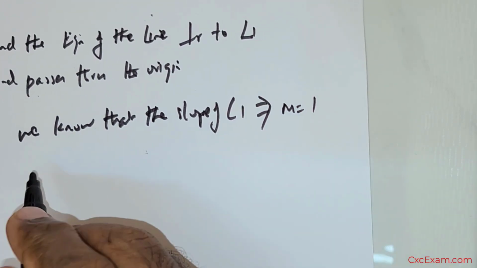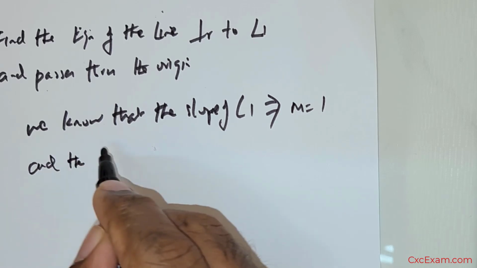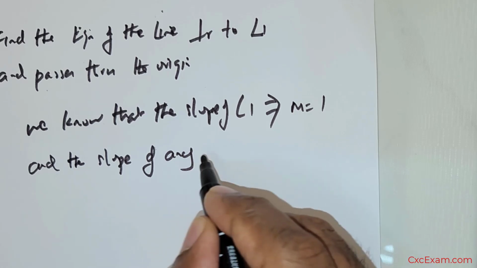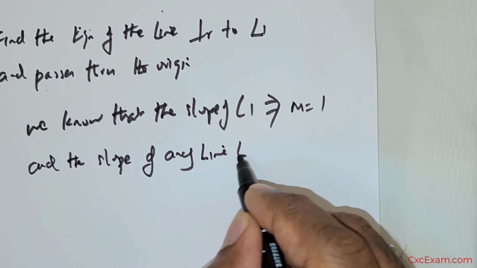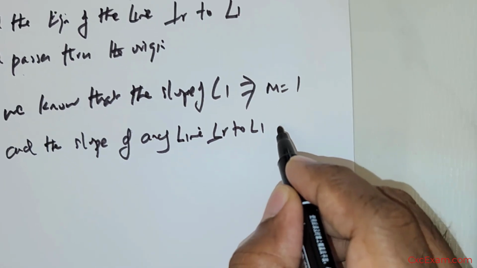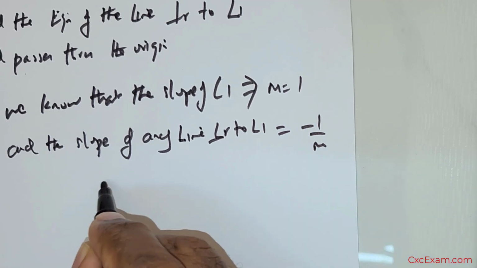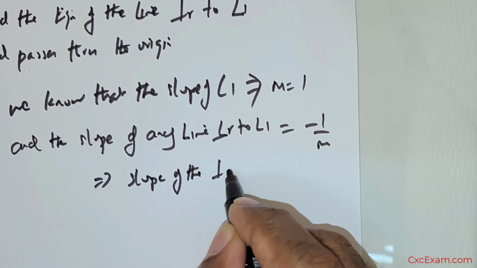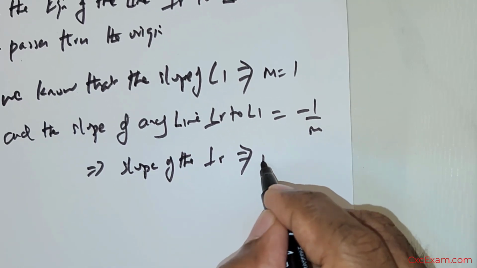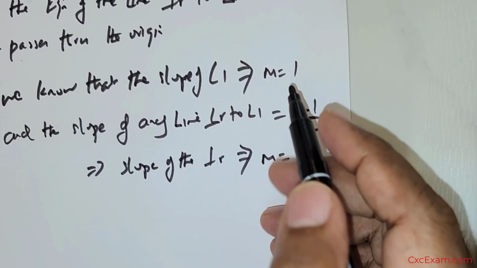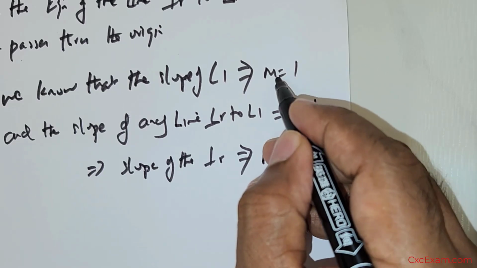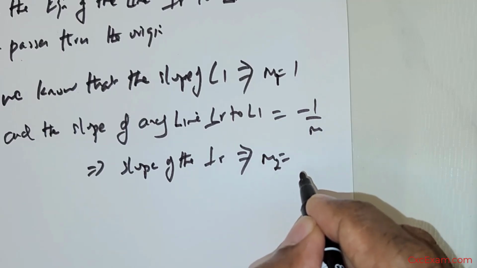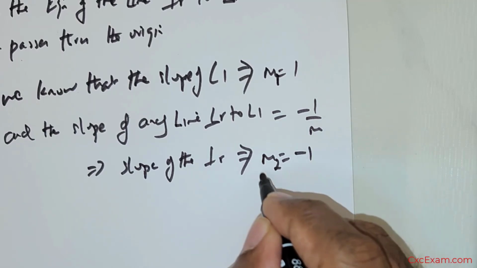is m is equal to 1, and the slope of any line perpendicular to L1 is going to be negative 1 over m. So this means slope of the perpendicular is going to be, because m is equal to 1 already, if I take this one as m1, this one as m2, m2 is going to be negative 1.